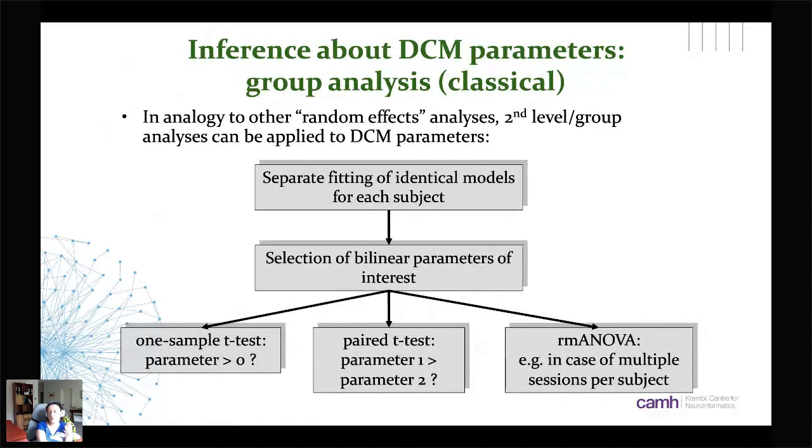This is equivalent to random effects group analysis that can be performed in SPM. And the code that we have provided for this part is actually being applied to fitting a single subject data set.